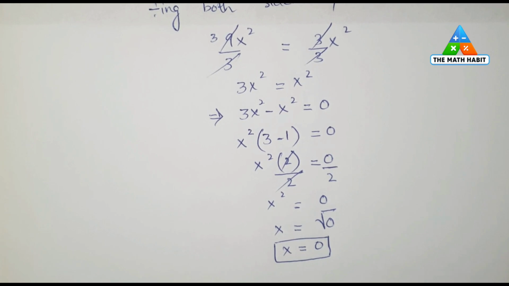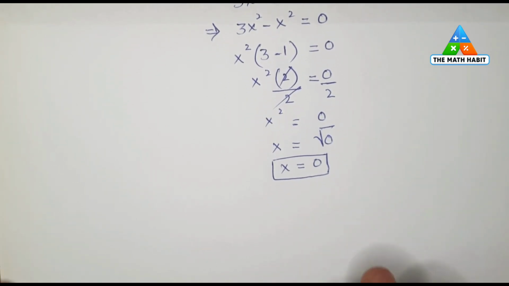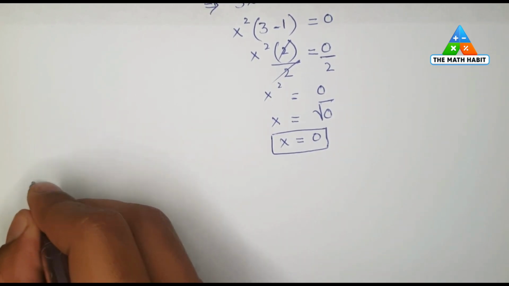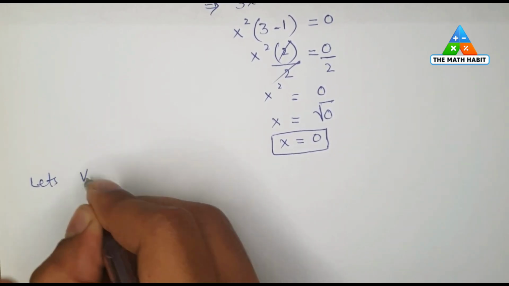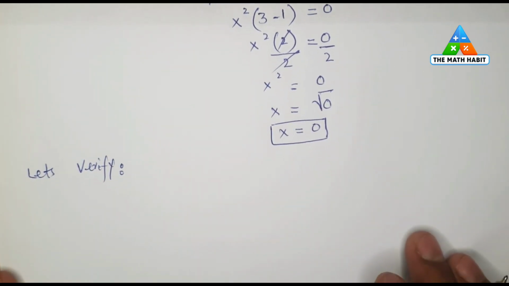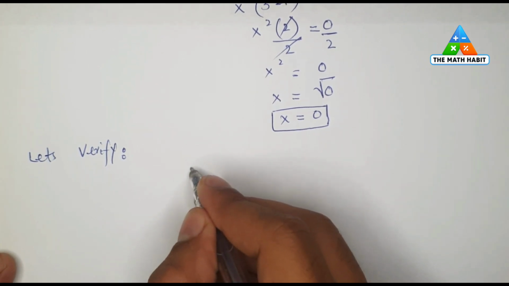So the value of x we have found is equal to 0, but it's time to verify the found answer. So let's verify the answer, and you guys know that for verification we'll put the value of x in the question.